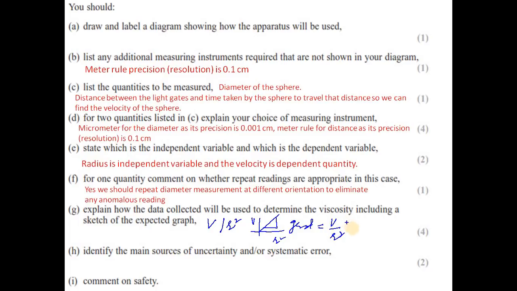And if you see the formula in the previous page, the formula for viscosity is eta is equal to 2 R square (rho S minus rho L) G divided by V, where this is rho L. Now if you see R square over V, this is 1 upon gradient.